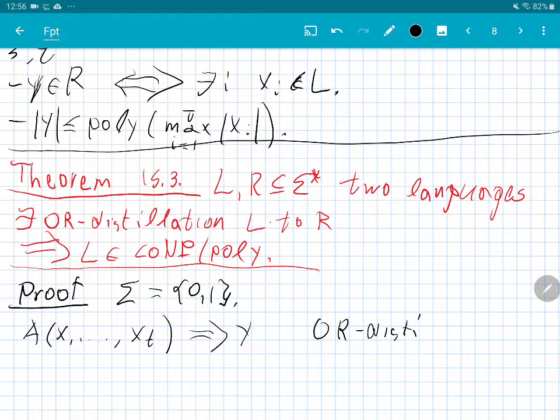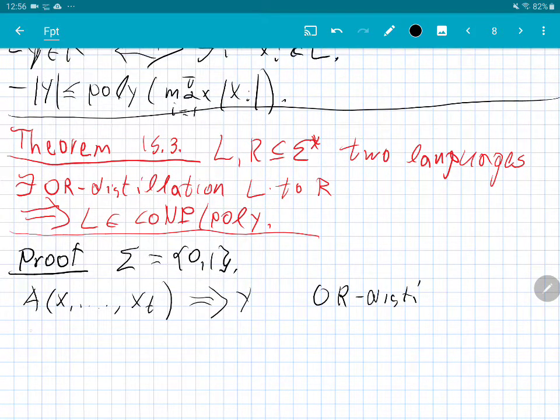Now we assume that this algorithm works in polynomial time.